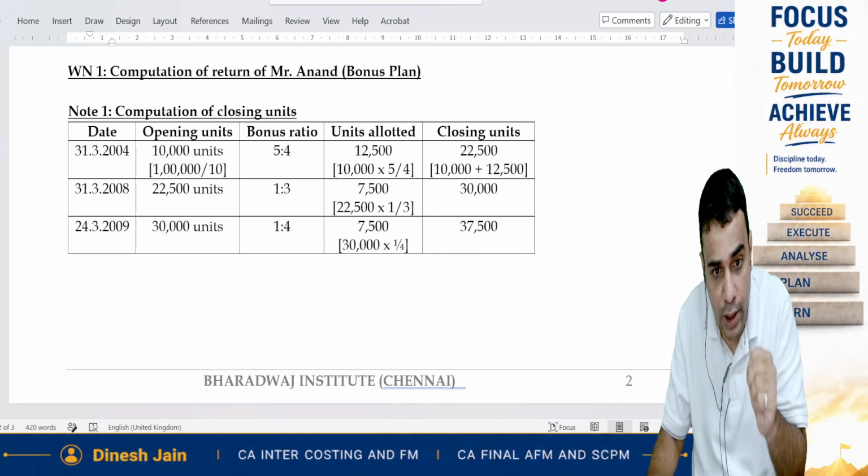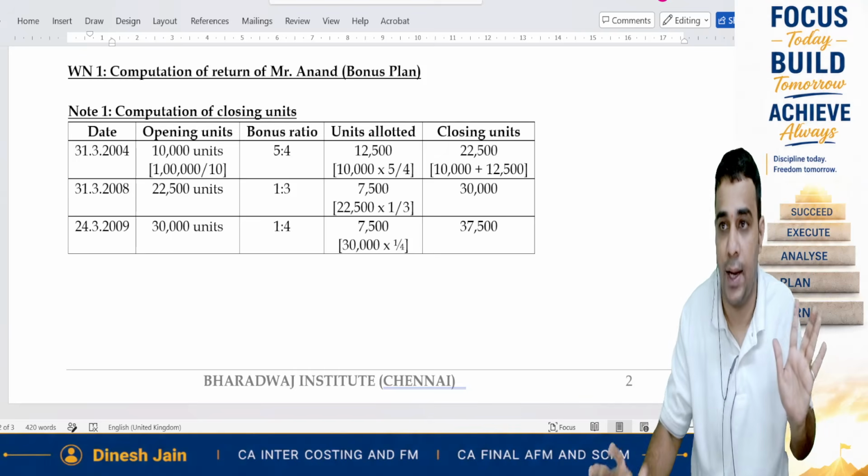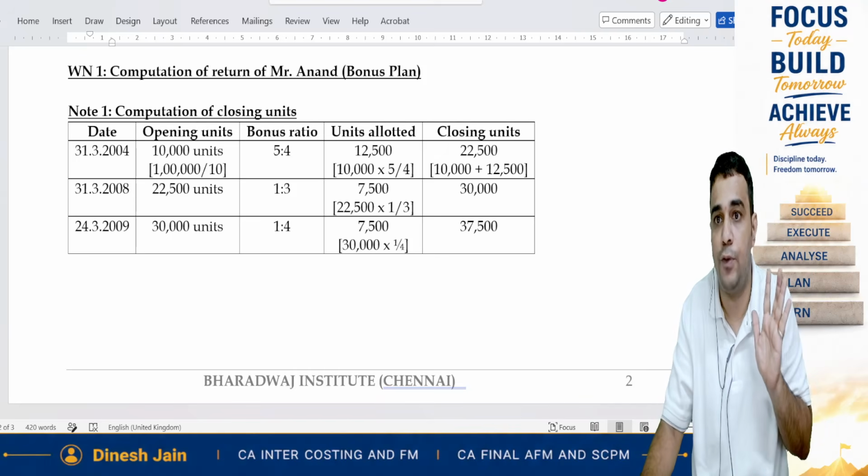How many units are allotted on this day? On 7,500 I have to pay capital gain tax.